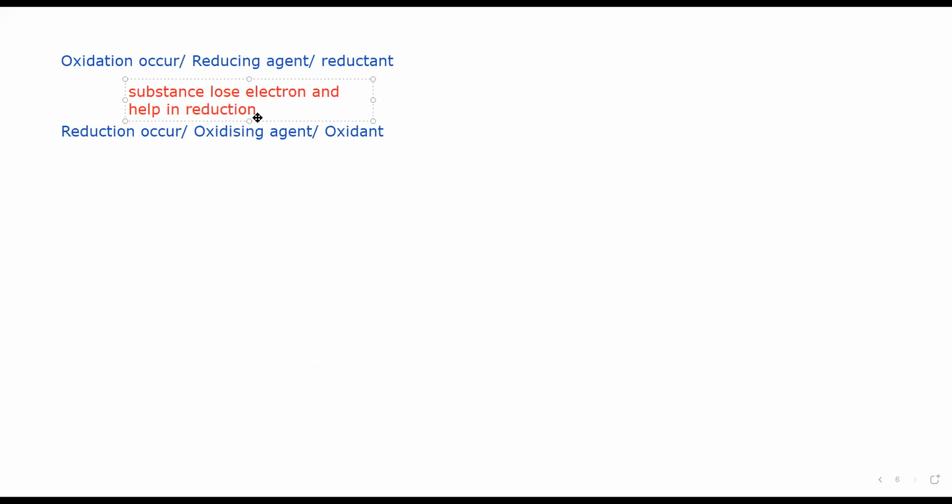Because when it loses electron, the other substance can gain. So it helps in reduction. And what is the definition of reduction? The substance gains electron and helps in oxidation.